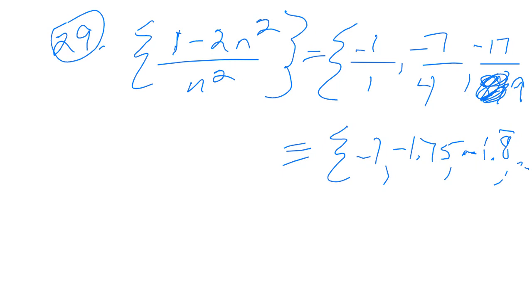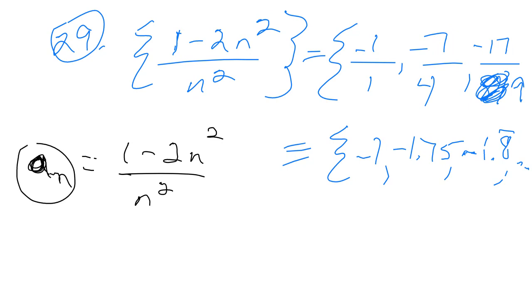So let's check that out a little bit. What do we do to verify that? We're going to let a sub n, the value of the nth term, be 1 minus 2n² all over n². When I was talking today on geometric and arithmetic sequences, I could have just said a sub n is the value of the nth term.